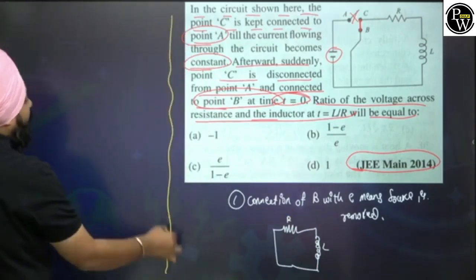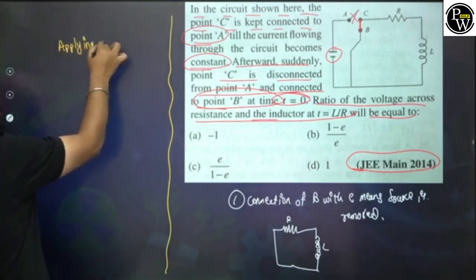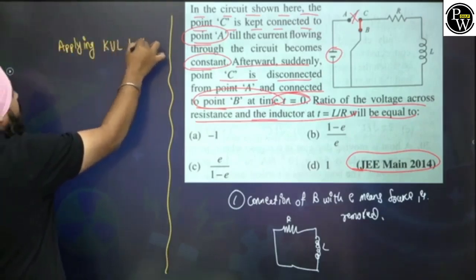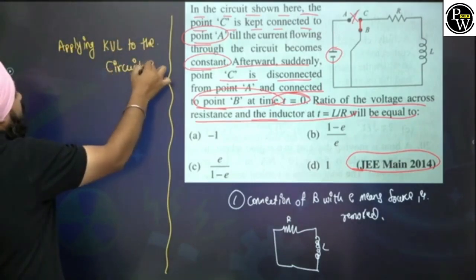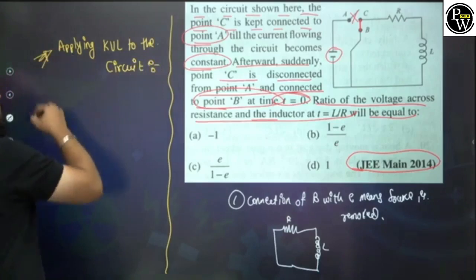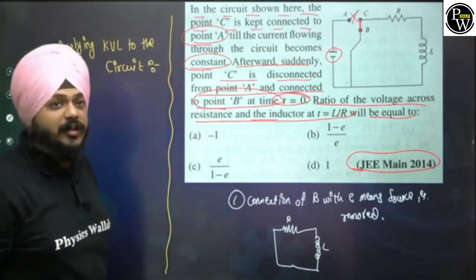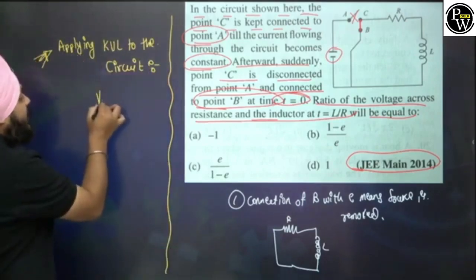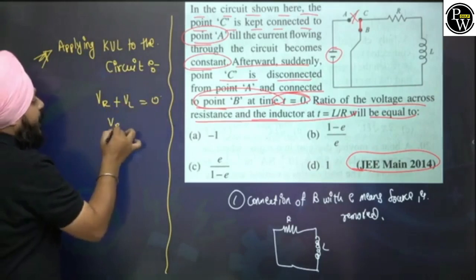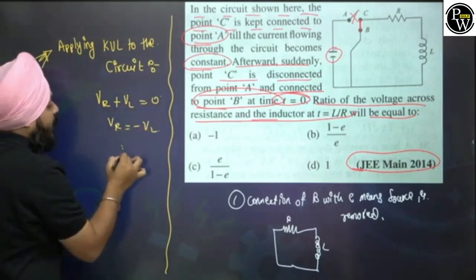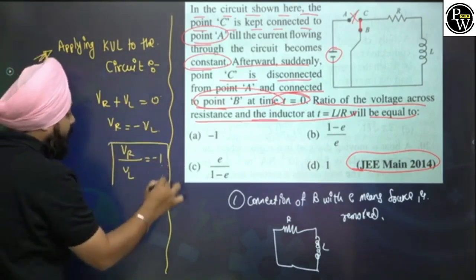On applying KVL to the circuit, voltage across R plus voltage across L is going to be 0. VR is going to be negative of VL. VR by VL is going to be negative of 1.